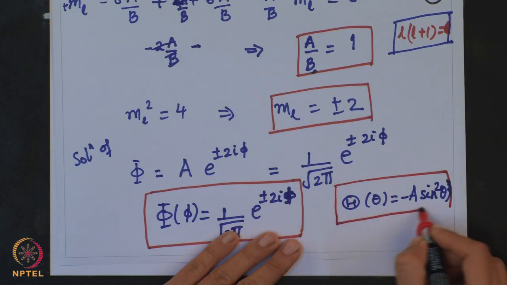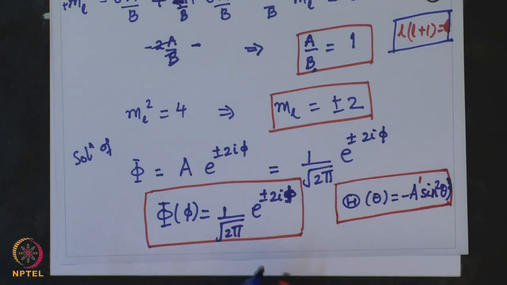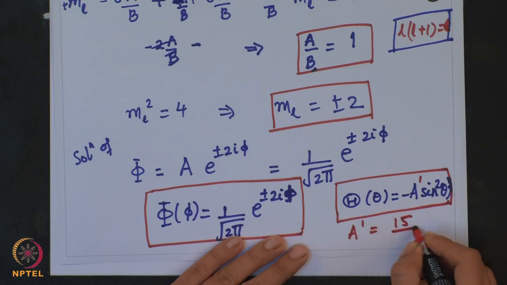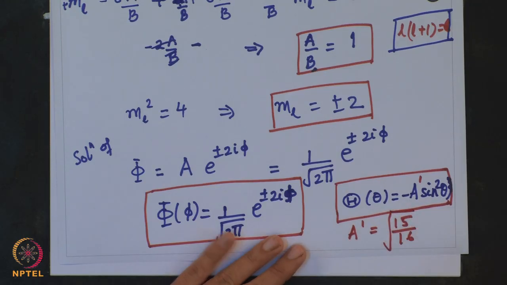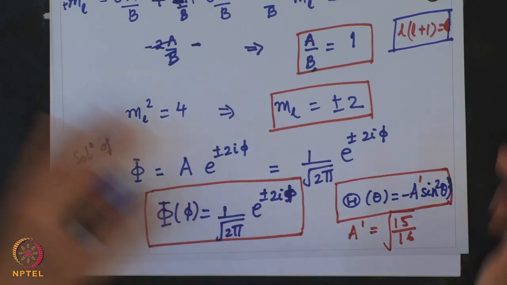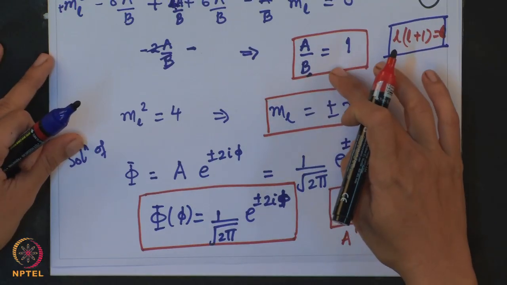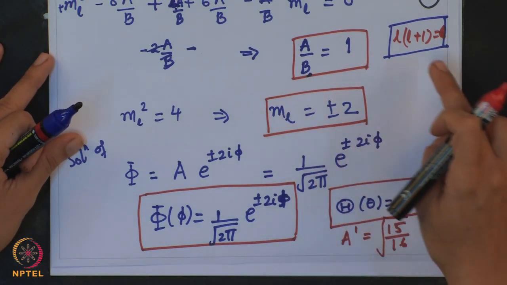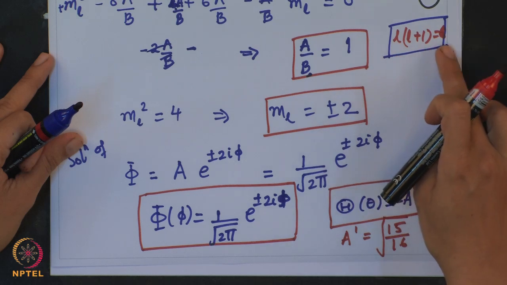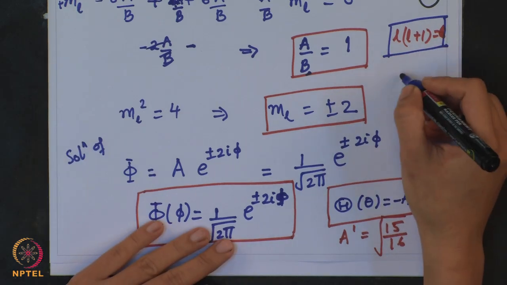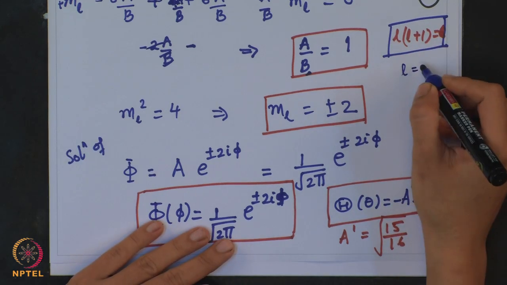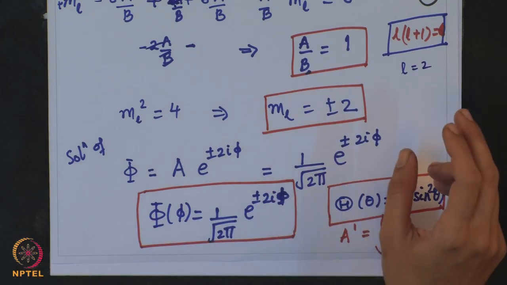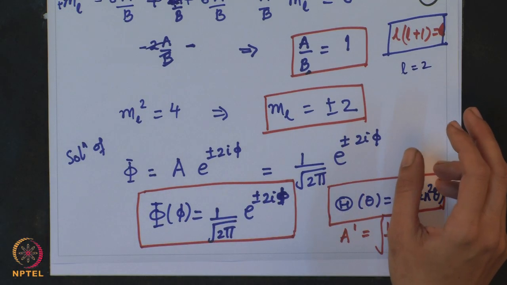So this A, or I can call it A prime, you obtain when you find the normalization. So one set of solution for the ratio A by B is 1, ml is plus minus 2 and L into L plus 1 is 6. You can infer the value of L, correct. L is 2. So with this we discuss this possible case.